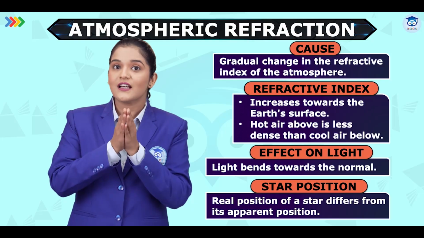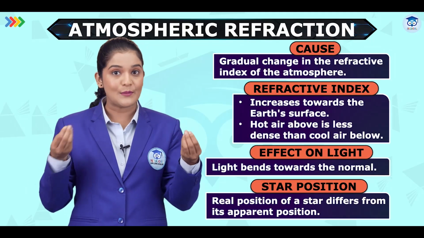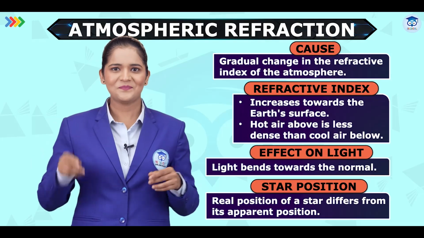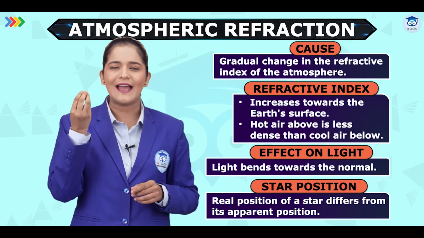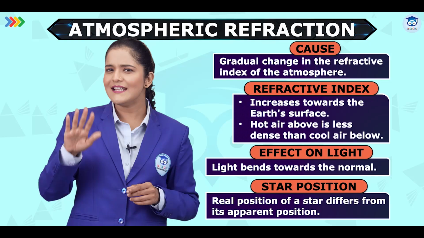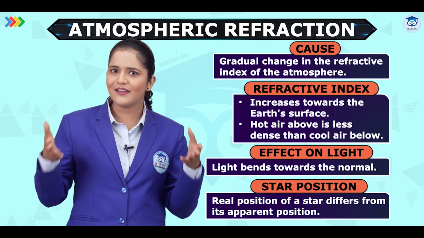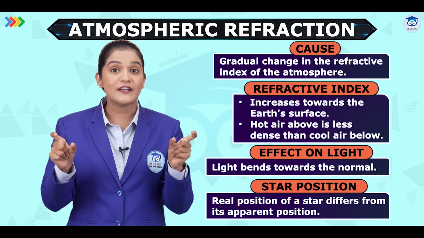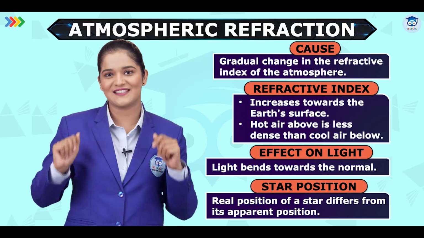The atmosphere consists of multiple layers of air that vary in temperature and density. As we move downward, the air becomes cooler and denser, while the upper layers are hotter and less dense. Because denser mediums have a higher refractive index, the refractive index increases progressively toward the Earth's surface.